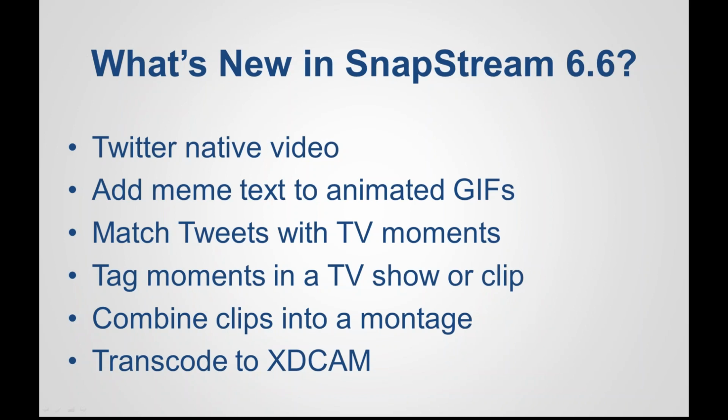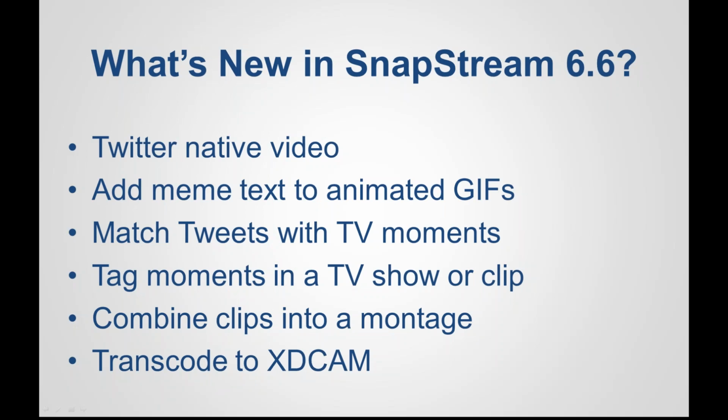We've also created a new set of tags where you can tag a moment or a segment from a show with your own keyword. And we also have clips combining now as a feature, where if you have a bunch of clips and you want to create a single montage, now you can do it directly through SnapStream.